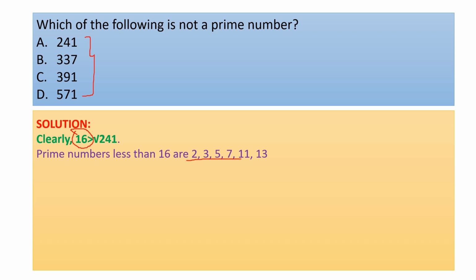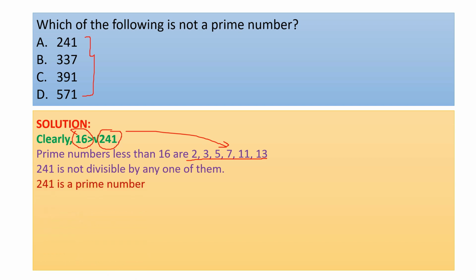The prime numbers less than 16 are 2, 3, 5, 7, 11 and 13. And we have to find whether 241 is divisible by any of the listed prime numbers. 241 is not divisible by any of them and it is a prime number. So this is not a correct option. Next I am taking 337. Here also I am taking the closest square root value, which is 19.